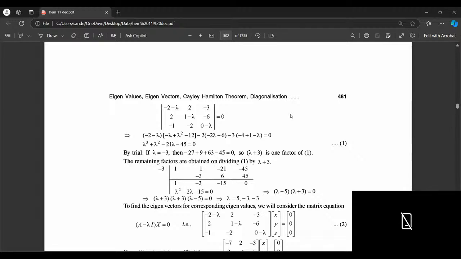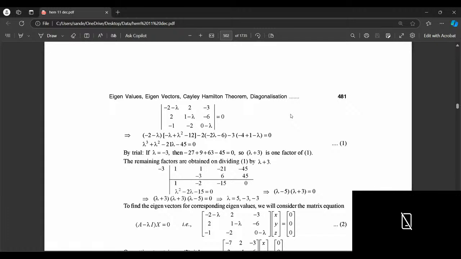Here trial lambda equal to minus 3. Put lambda equal to minus 3 in this equation. Lambda is minus 3 cube, which is minus 27, plus lambda square, 3 square is plus 9, minus 21 into minus 3, which is plus 63, minus 45.